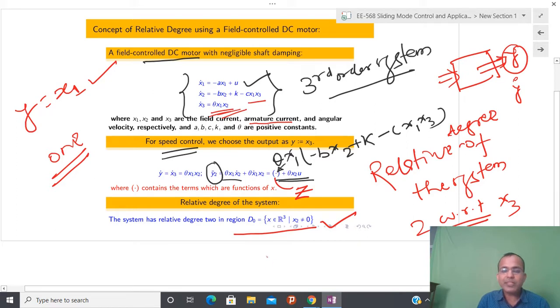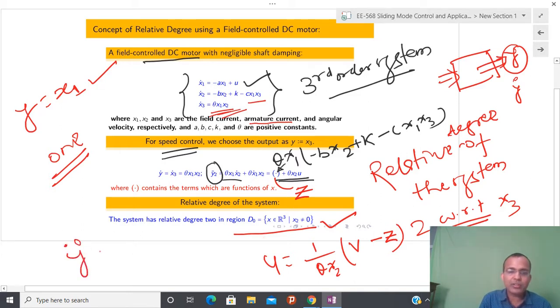So if you design u equal to 1 by theta x2, then nu minus z, then minus this symbol, you can see that this system is now y double dot equal to nu.